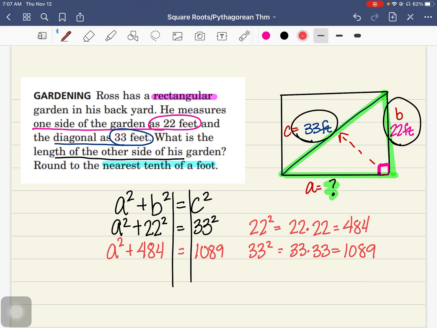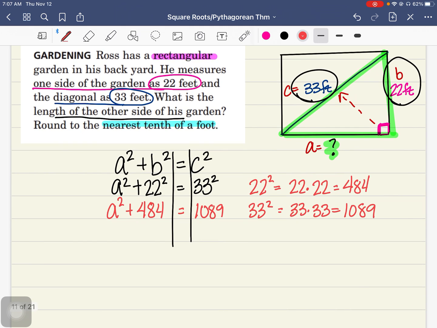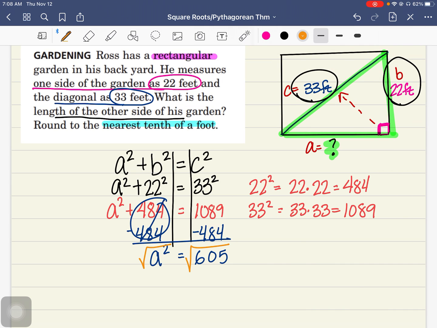Okay. And now we're going to start solving and getting A by itself here, which means I've got to move this 484. So we're going to subtract 484 from both sides. All right. So A squared is equal to 605. Yep. And then we will square root both sides to get the A totally by itself.